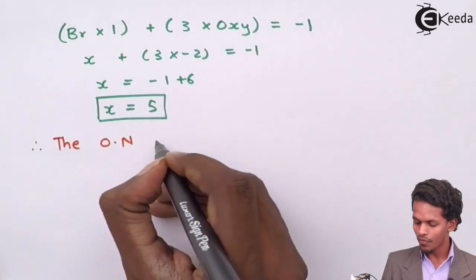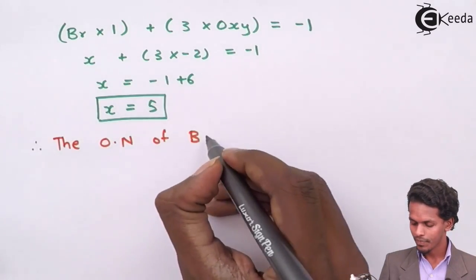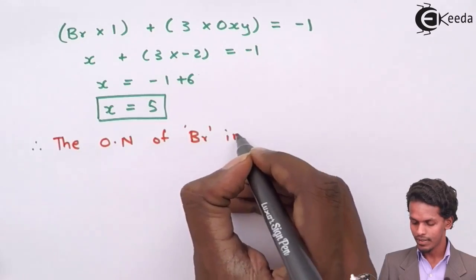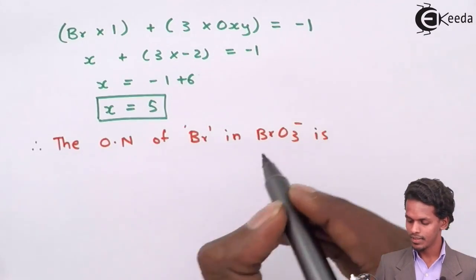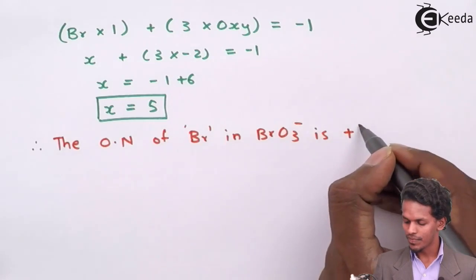Therefore the oxidation number of bromine in BrO3- is +5, or 5+.